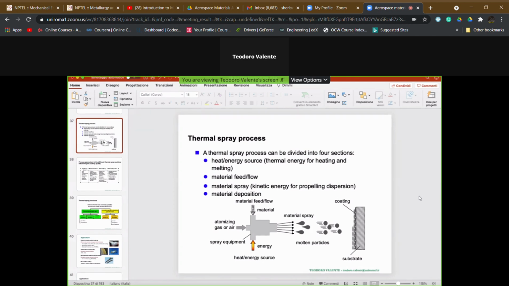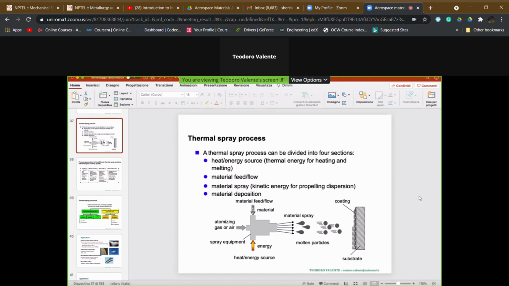previous slide. So as concerns the heat generation, that is the energy source, we have to take into account the type of energy source used, that is how the energy is generated, the gas composition, as we will see later on, and their flow rate, the temperature, and the cooling properties, if any, and sometimes the way to generate the electric arc, if it is present.